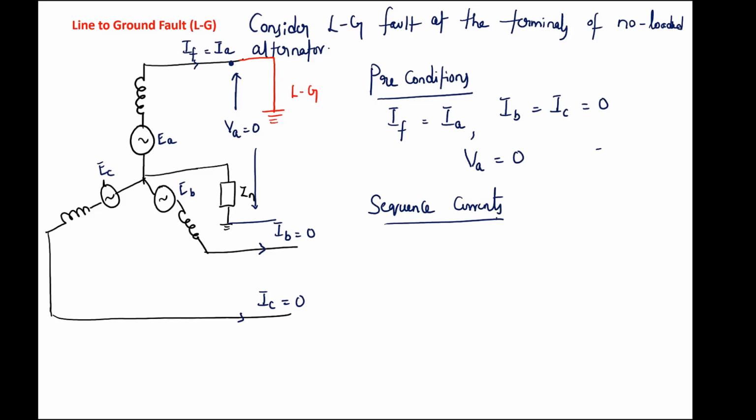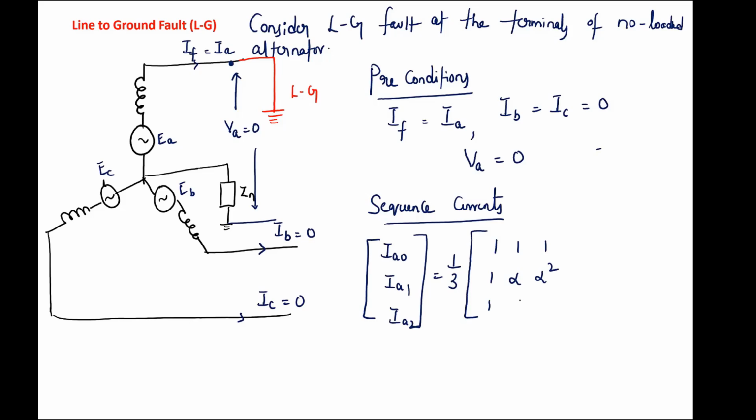From this, if we calculate the sequence currents, that is IA0, IA1, IA2, it is equal to 1 by 3 into the matrix 1, 1, 1, 1, alpha, alpha square, 1, alpha square, alpha, into IA, IB, IC. IB current is 0, IC current is 0, so I am substituting their values. So from this, what are you going to get?